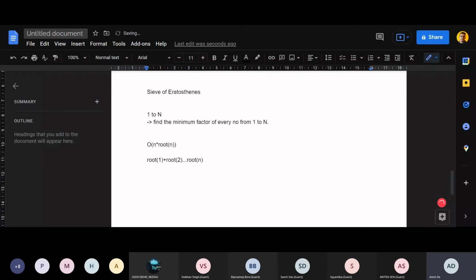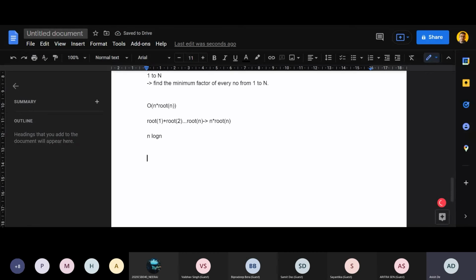So this will be approximately equal to n into root n. So this is a naive approach, as he or she told. Next, we can find the smallest factor in n log n using Sieve.